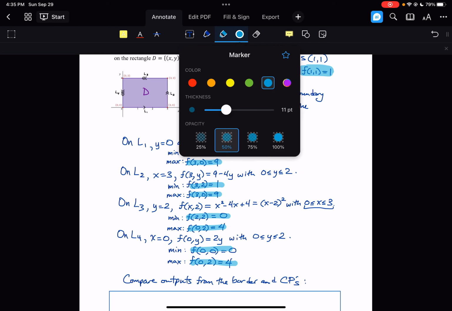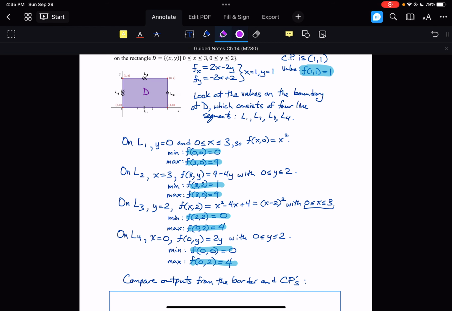We find the largest anywhere, and that's the absolute max. And that's going to be these 9s, and they're the same point. So they share the same value. The smallest would be 0, I believe. So that's at (0, 0), and at (2, 2). Okay, and (0, 0) here.